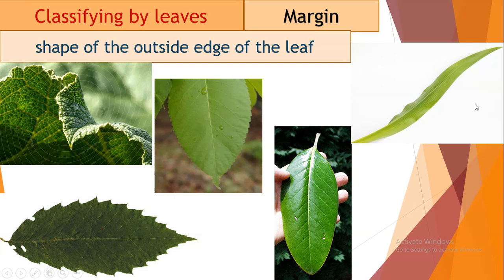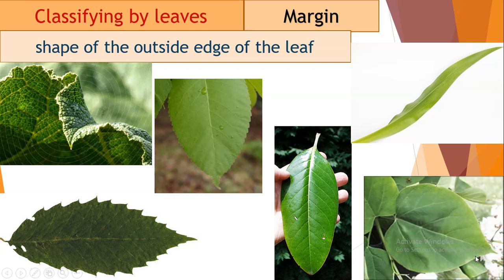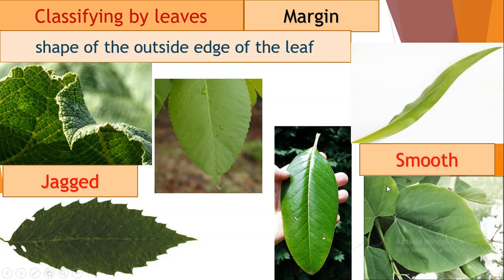This is a smooth margin. So, these three, they have jagged leaf margin. And these three, they have smooth leaf margin. So scientists classified plants by their leaves according to leaf margin: jagged and smooth.